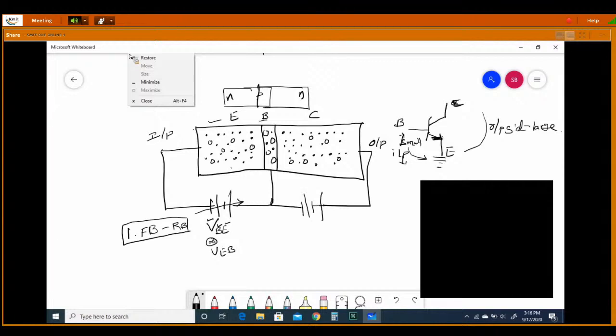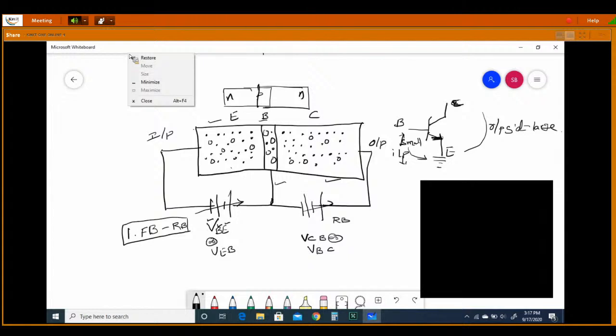Then this will be in reverse bias. What is the name of this voltage source? It is connected between your base and your collector. That's why we are calling this VCB, or we are calling it VBC. So there are two voltage sources connected.